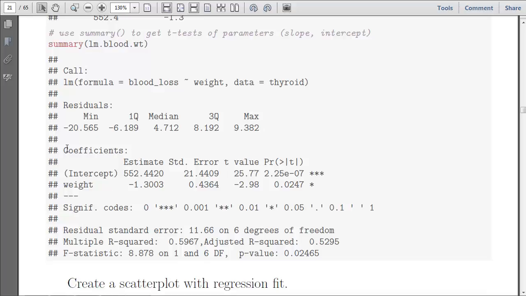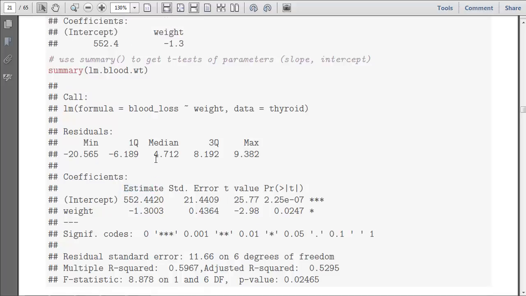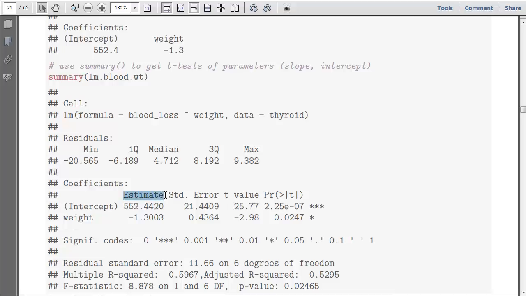Furthermore, we have a coefficient table which we'll look at in much more detail, but notice in the estimate column we have the intercept, 552, which we saw above, and then the weight, negative 1.3, as the slope.